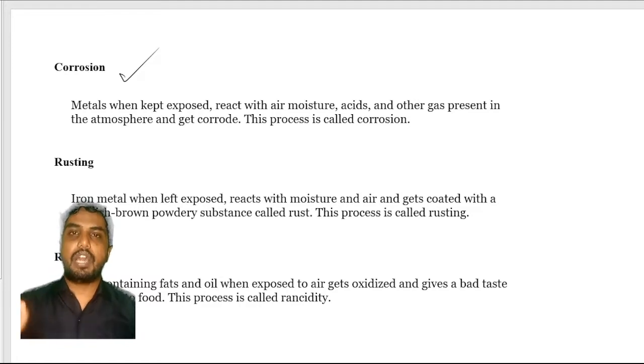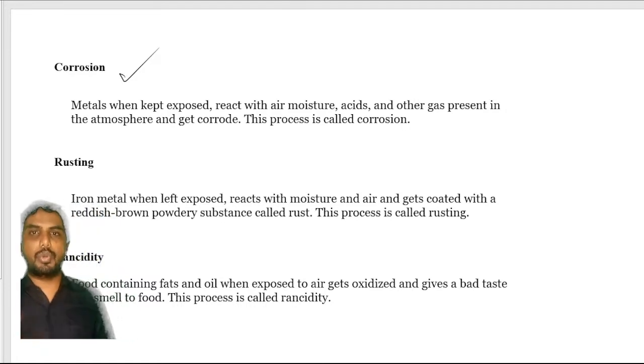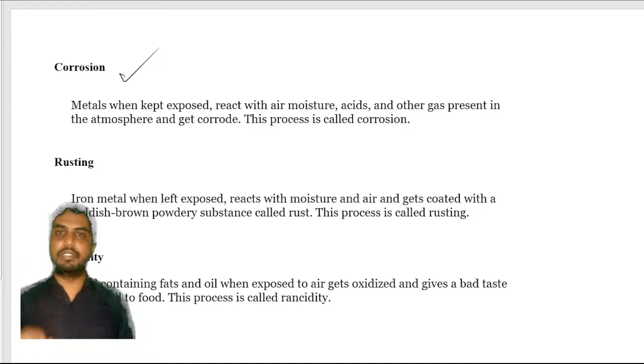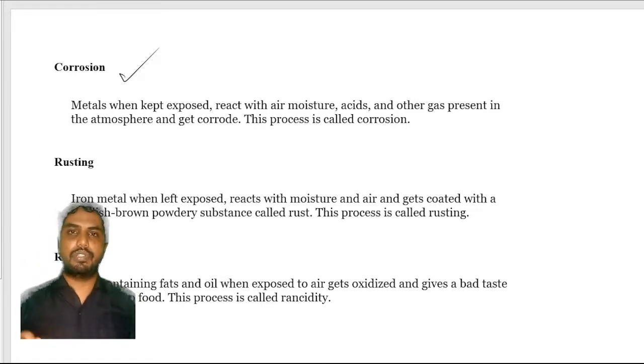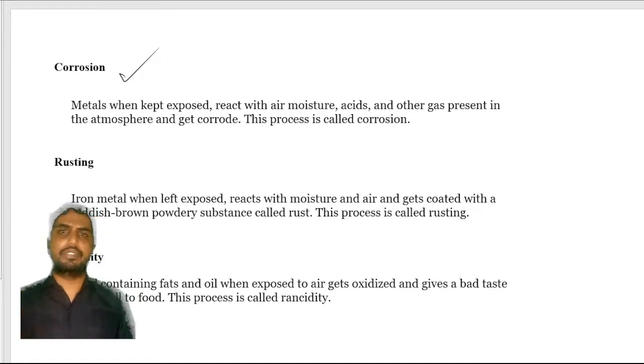So that's why we are coating metal substances. All the metal substances you use, for example utensils in your home, are coated. Silver and many alloys have been coated to prevent corrosion.